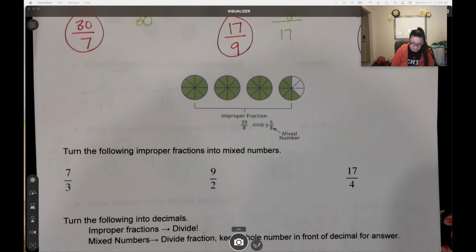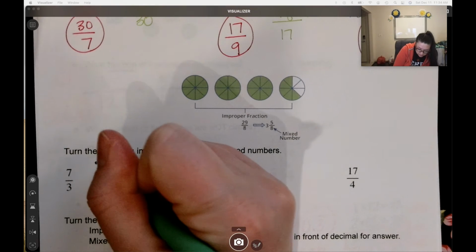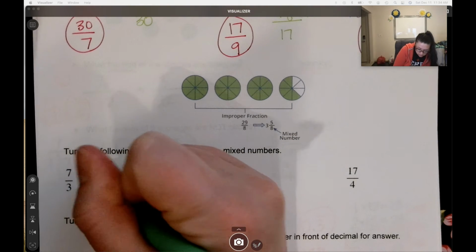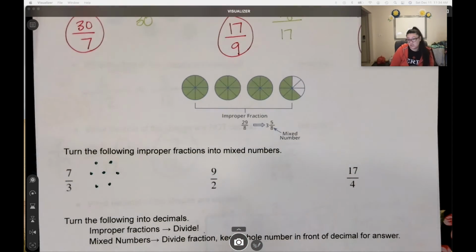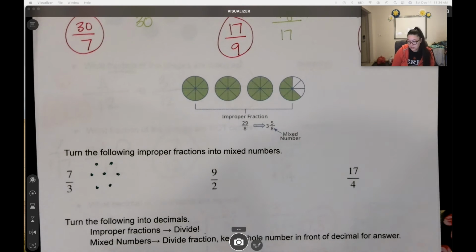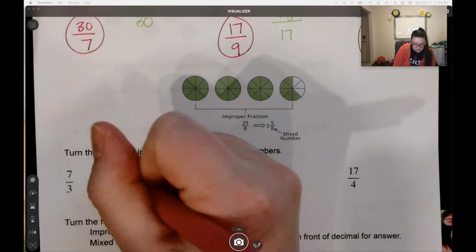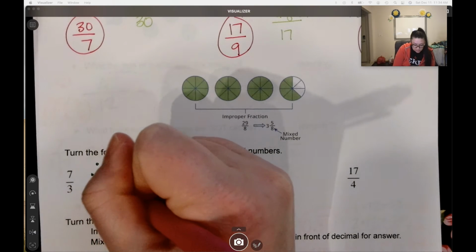So for example, 7/3, I would want to make 7 dots. The order doesn't matter. It doesn't have to be pretty. And I want to group them in groups of 3. So here's one group of 3.